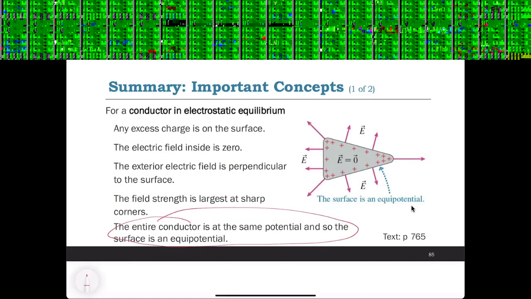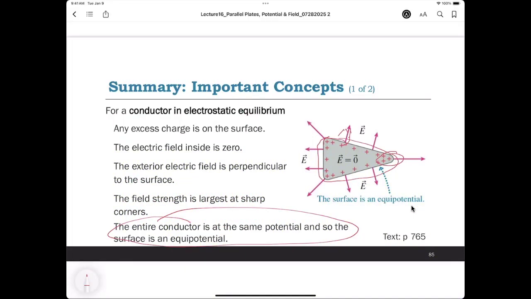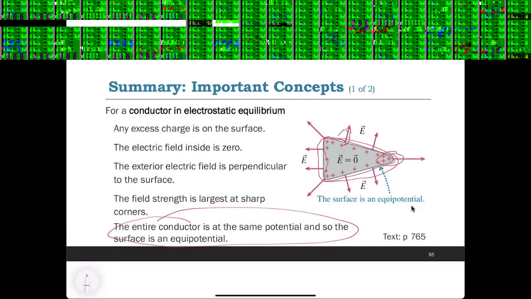The electric field inside is zero, and the exterior electric field is perpendicular to the surface, and the field strength is largest at the sharp corners. The entire conductor is at the same potential, so the surface is an equipotential, which means every point on the surface has the same electric potential.